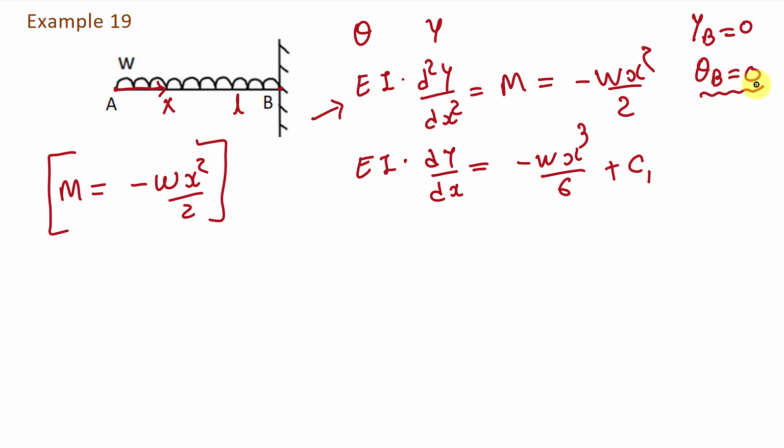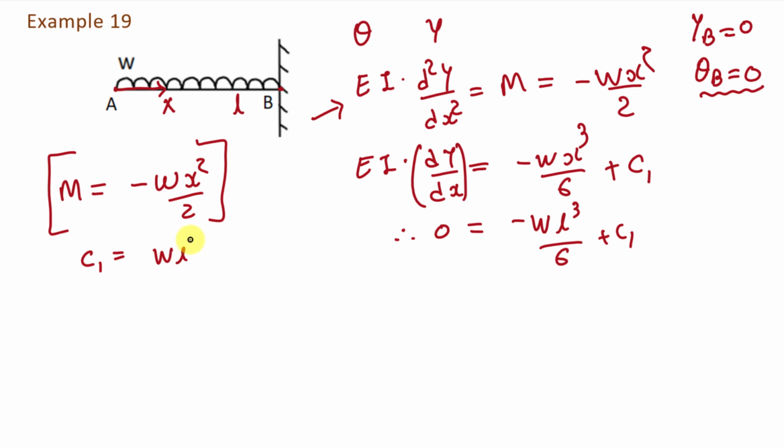From this condition, the slope at point B is 0 where x is equal to L. So dy/dx, that is slope theta, will be 0. So 0 is equal to minus w, x will be equal to L, so L³ divided by 6, plus C1. From here we can find the value of C1. It will be WL³/6.